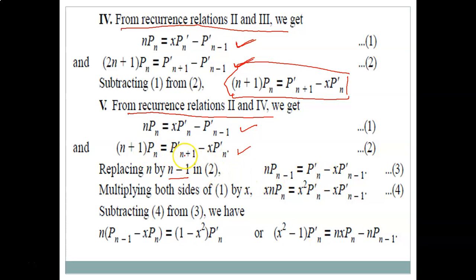And when we replace n with n minus 1, it becomes Pn, and this is x Pn minus 1. Multiplying both sides with x, we get this. Subtracting, we get this expression.